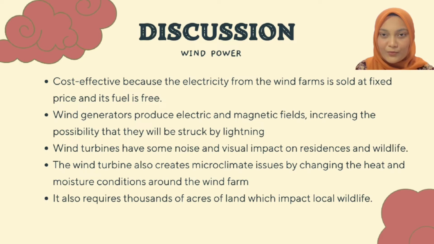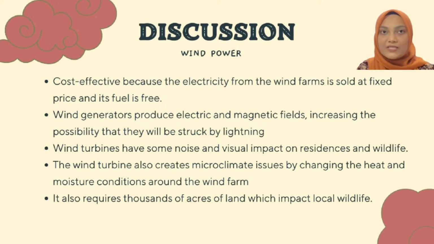Second is wind power. The positive impact of wind power is that it is cost effective because the electricity from the wind farm is sold at a fixed price and its fuel is free. The negative impacts are that wind generators produce electric and magnetic fields. This increases the possibility that they will be struck by lightning.